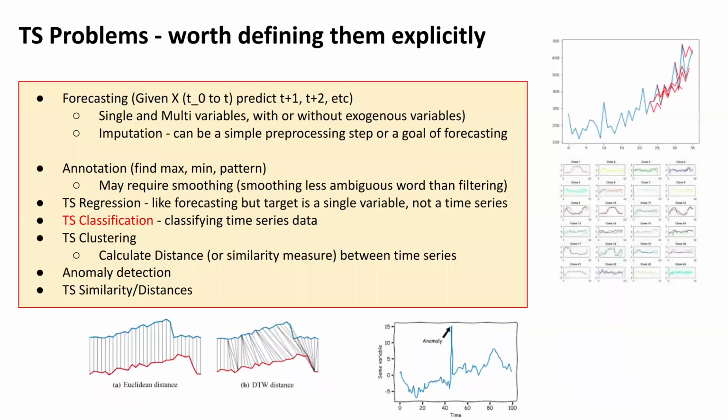The other very specific task on time series is annotation, meaning find specific patterns in time series. Maximum value, minimum value, a combination of the same points. I used it in agriculture, trying to find features of the NDVI curve. NDVI is a combination of bands of satellite data that basically shows you greenness.